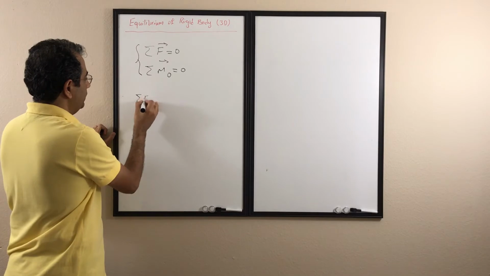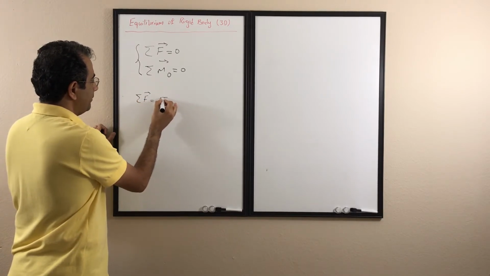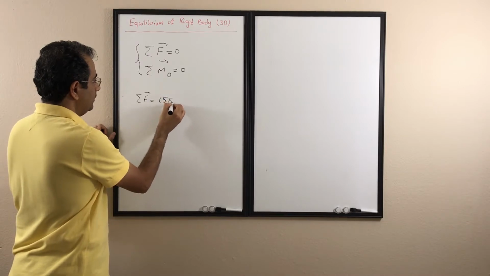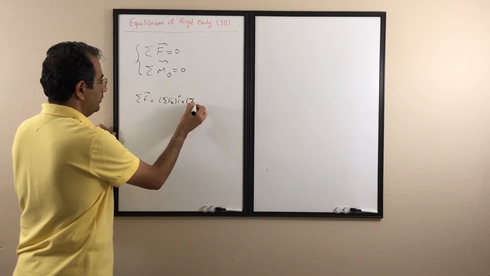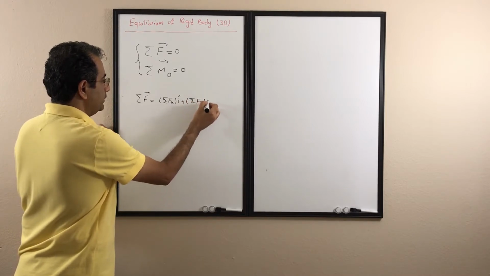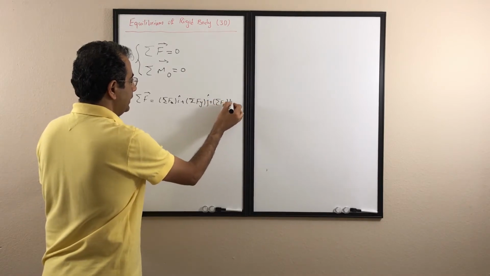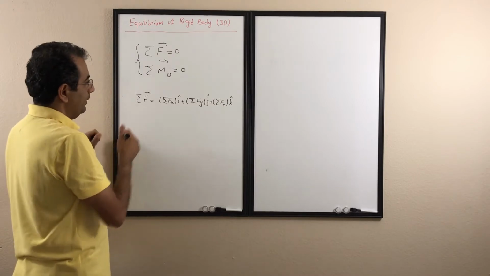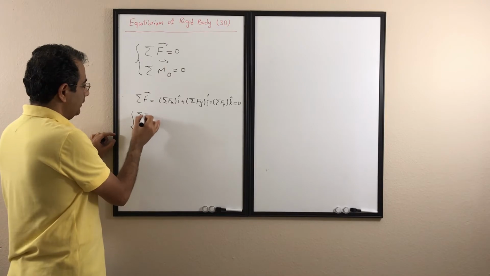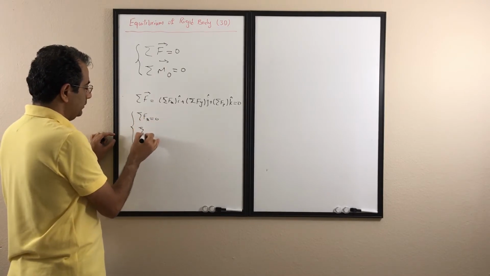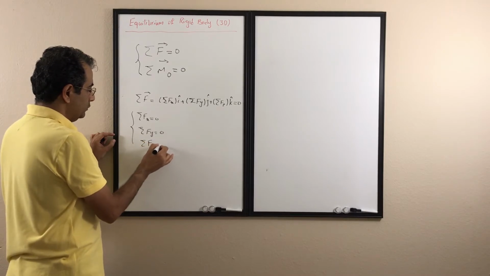The sigma f in vector format is going to be sigma fx i plus sigma fy j plus sigma fz k. And if we want to say this one is 0, we have to say that sigma fx should be 0, sigma fy should be 0, and sigma fz should be 0.